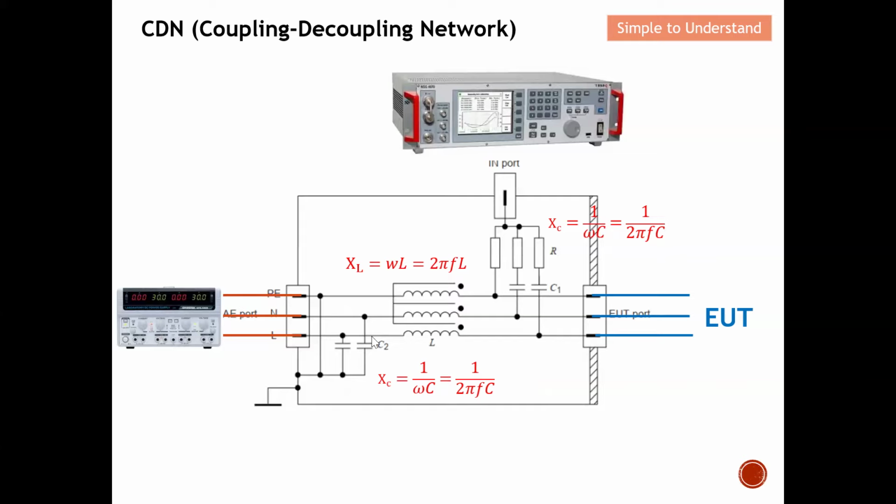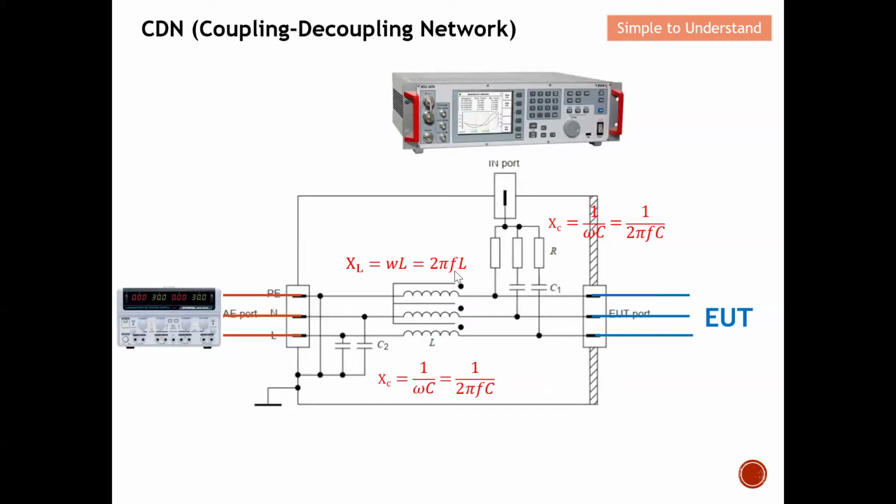As I mentioned, this impedance will be very, very large and they will not want to move down this path. So the current, imagine, will continue to move towards the EUT. Once it comes into this inductor, let's quickly understand the inductor. As I mentioned, the frequency is a very small number because it's just 50 hertz.